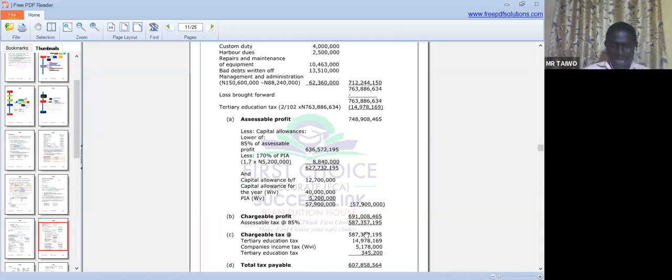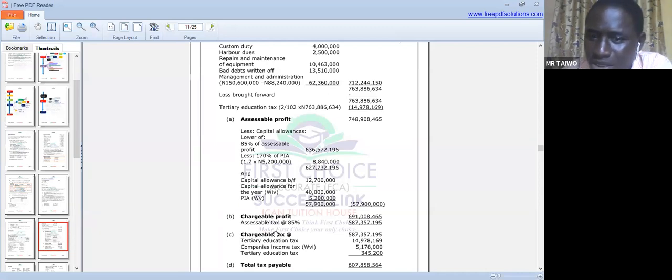But if in the question the examiner tells you, or explains in the question, that the company is maintaining a joint venture arrangement or production sharing contract, it means there will be a discount or a rebate given to this oil company based on whether it's a joint venture or production sharing contract. The amount that you compute based on either of the two agreements is where you say tax offset here.